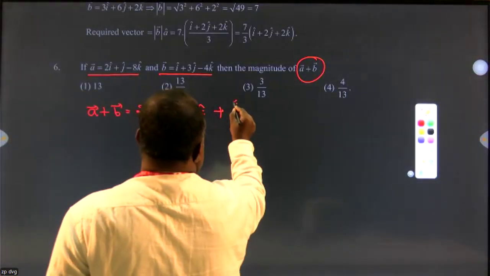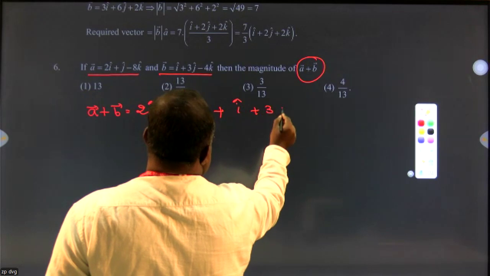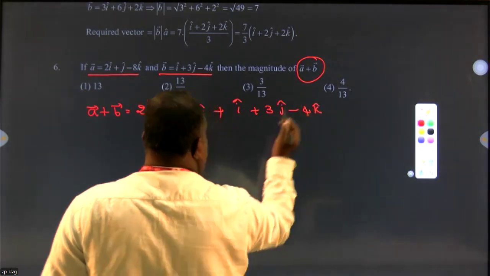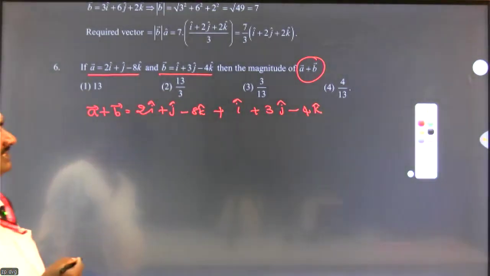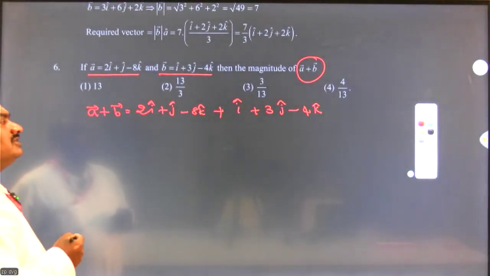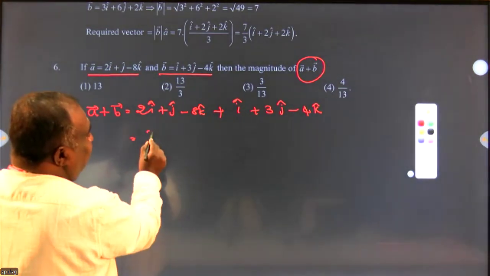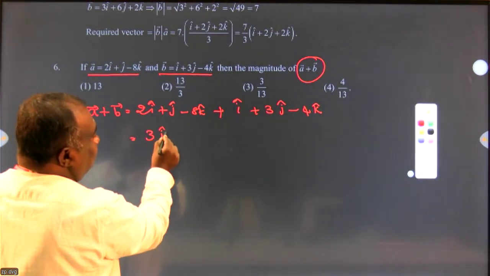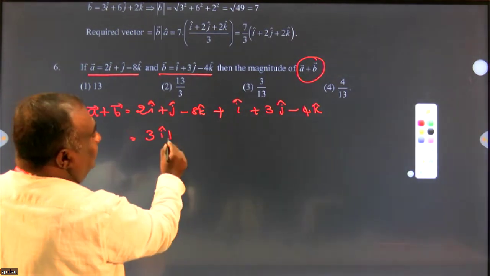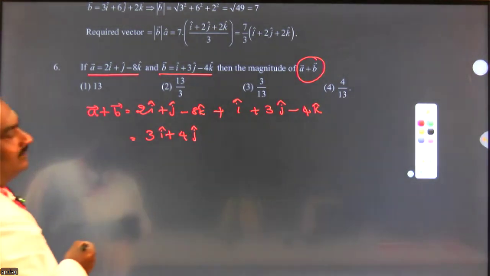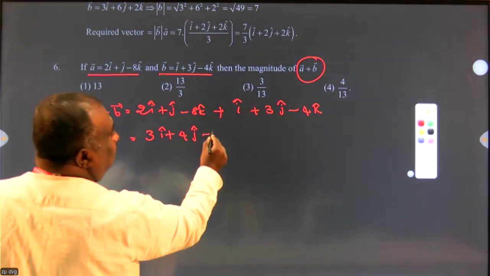I plus 3J minus 4K. Now you have to add the I terms, J terms and K terms separately. So 2I plus I is 3I, J plus 3J is 4J, and minus 8K minus 4K is minus 12K.